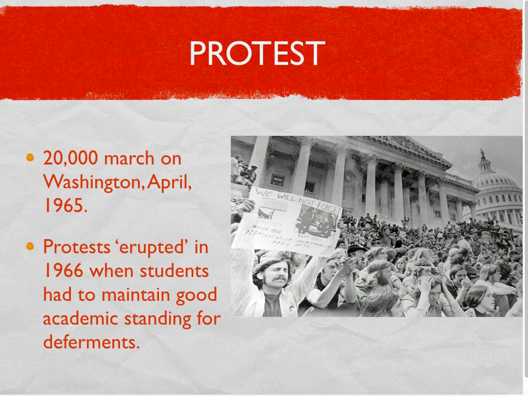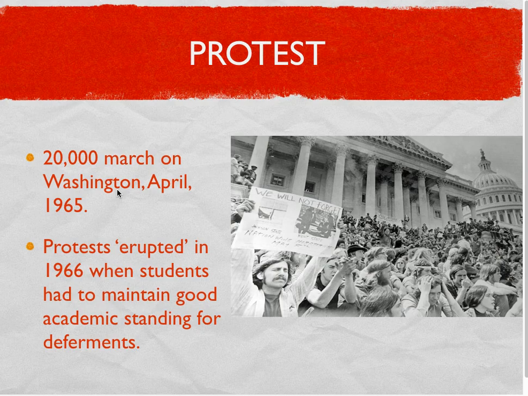Okay, so it's difficult to mention every protest, and I'm just going to try and highlight a couple here. But there is a March on Washington in April of 1965. And if you notice the number here, 20,000, that's a very strong anti-war protest.